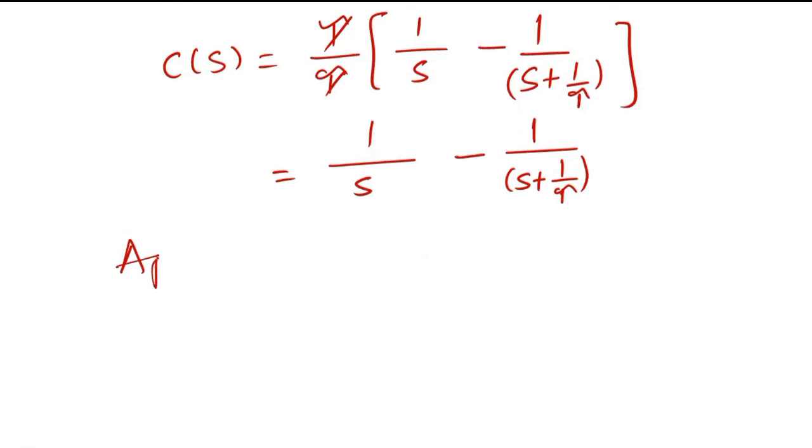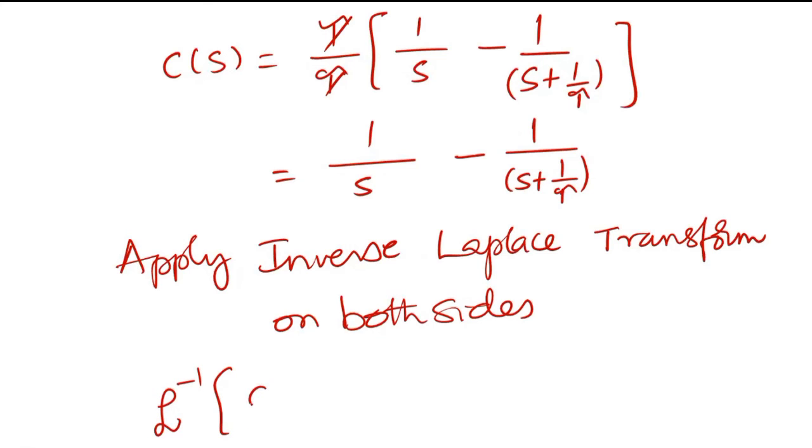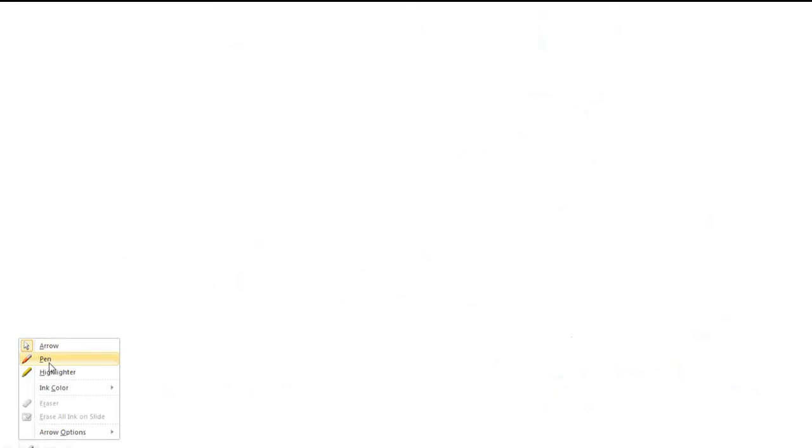Now you apply inverse Laplace transform on both sides. The inverse Laplace transform of C of s is equal to inverse Laplace transform of 1 by s minus inverse Laplace transform of 1 by s plus 1 by tau. You know that inverse Laplace transform of C of s is equal to C of t.